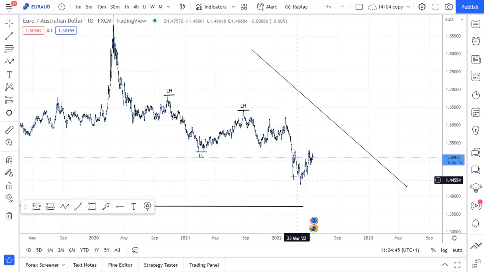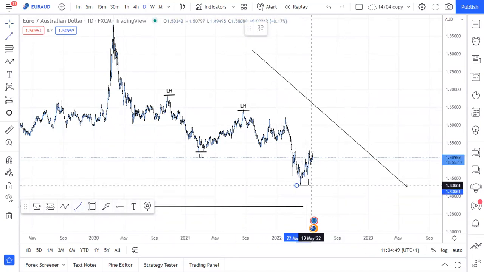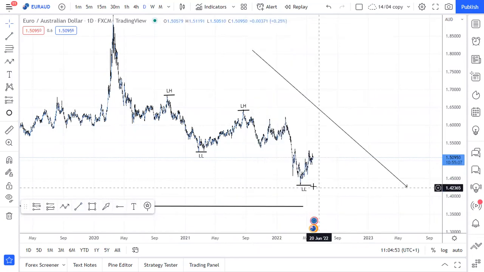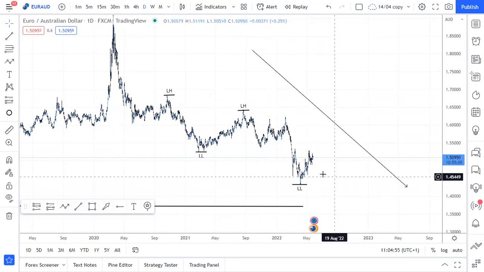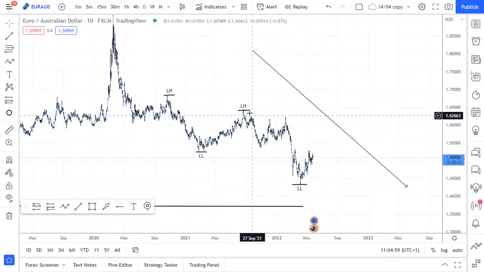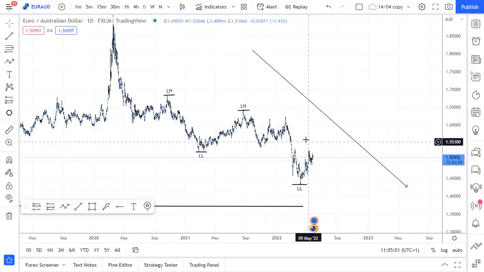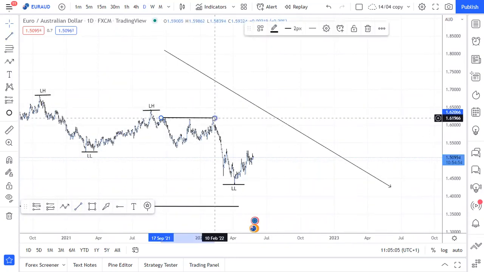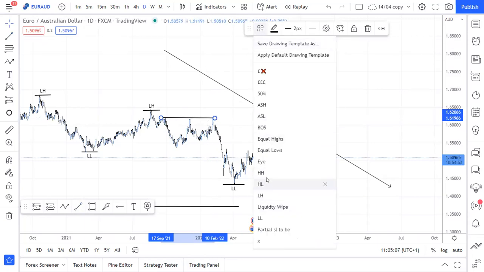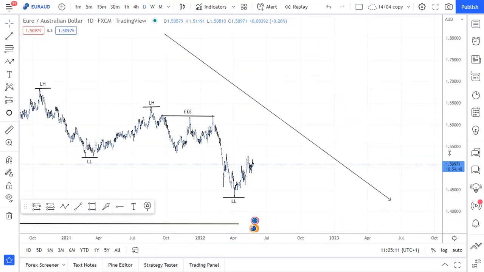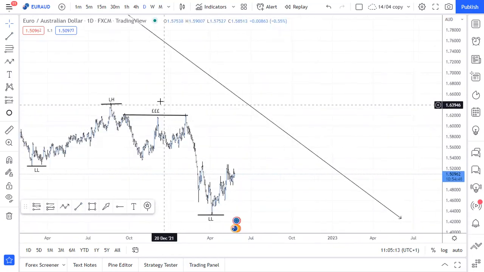We break that, but we broke structure down here. So this down here is now our lower low. So what we want to see now is low high, low high. We've come into this area, so we've got liquidity sitting above here, these equal highs.